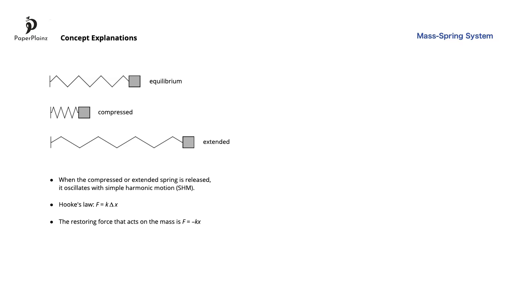Based on Newton's second law, we can replace F by ma, where m is the mass of the object attached to the spring and a is its acceleration, and this is equal to negative k times x. When we divide by m, we get that a is equal to negative k over m multiplied by x.